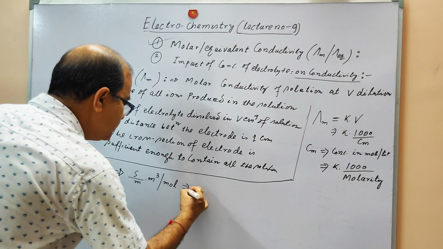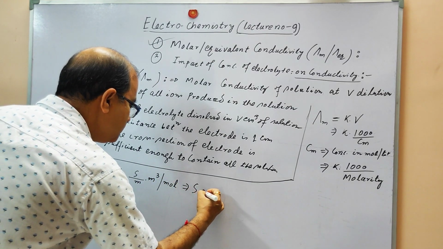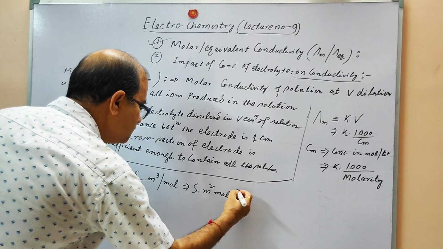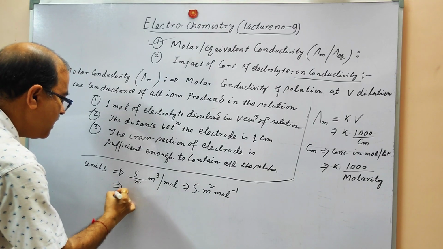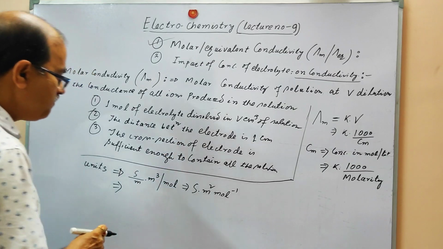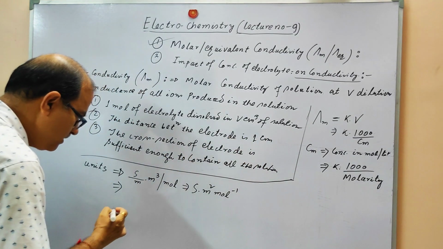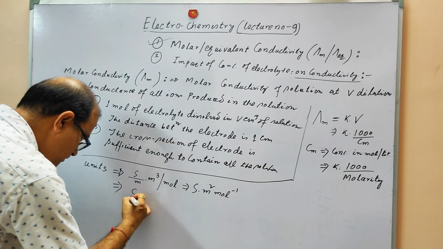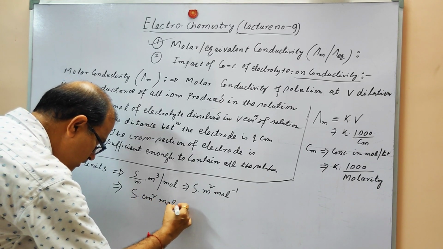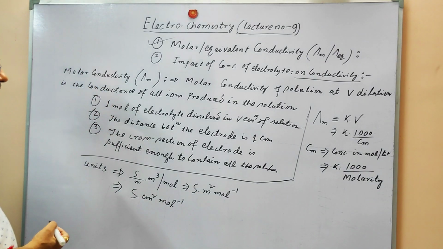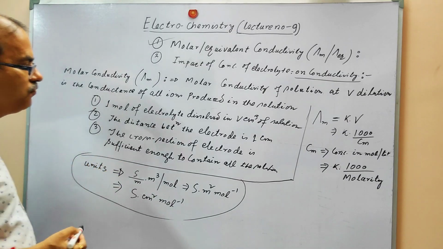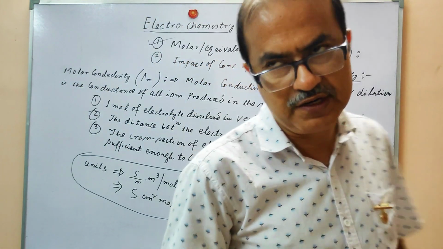So you will get the unit Siemens meter square mole inverse. Further, when we express it in centimeter square, the unit will be Siemens centimeter square mole inverse. That is also another unit. So we understand the units of the molar conductivity.